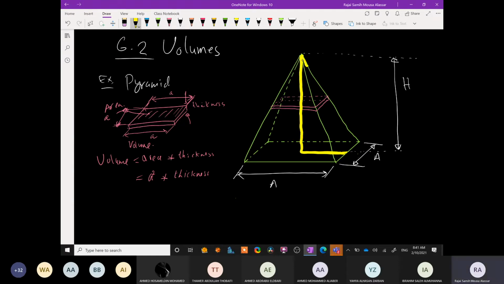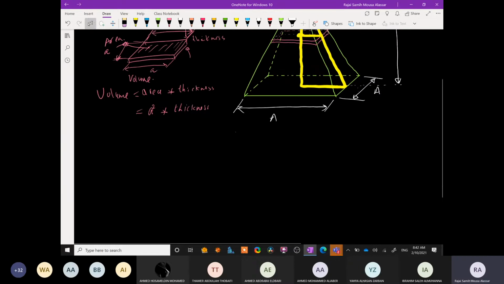Do you see that triangle? Yes. So that passes in the middle of this. And what is the length of this yellow thing here? Okay. Half A. Exactly. Let's just isolate that here.